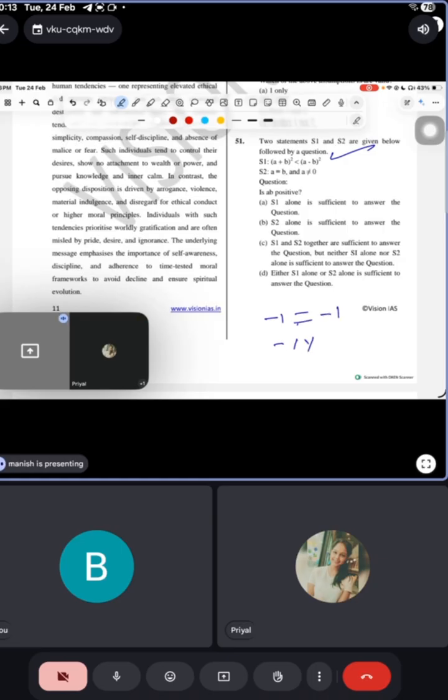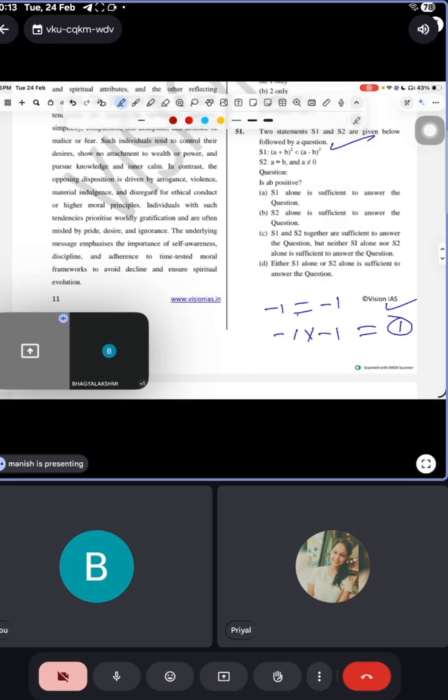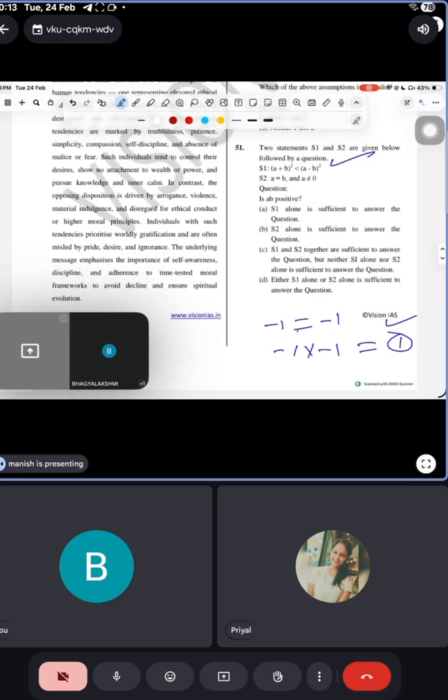Now if I multiply, they become 1, so it is positive. Now let's change the number. Let's say I'm taking a equal to 1 and b equal to 1. Now if I multiply both, again I'm getting 1. So in both cases ab is positive. It means this alone is also sufficient. The answer will be either statement is sufficient to answer the question, because I'm getting a unique answer in both situations individually.